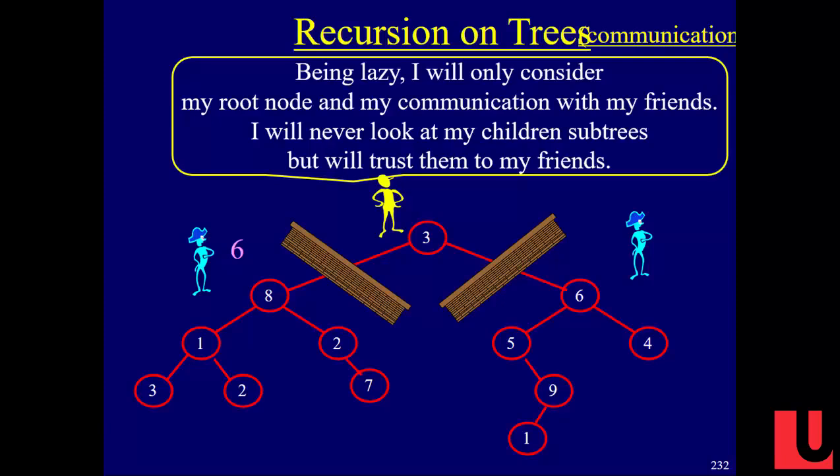So in order to have a fast algorithm, I don't go down here. Right? I don't micromanage my friend. I don't think about their tree. I give them their tree. They give me their answer. Right? That's it. The only thing that you know about the left subtree is what your friend gives you. Right? Everybody follow that? And I trust my friend to give me what I want.